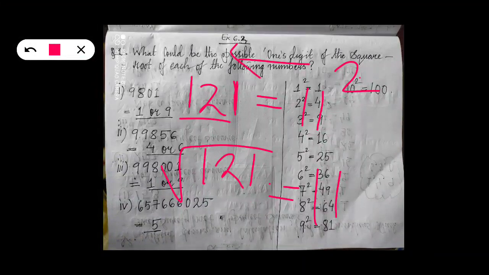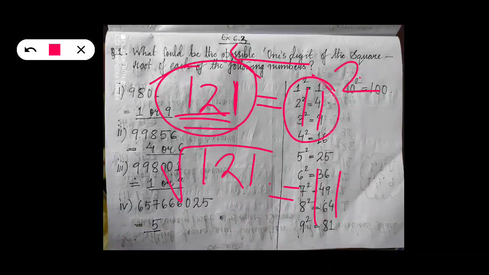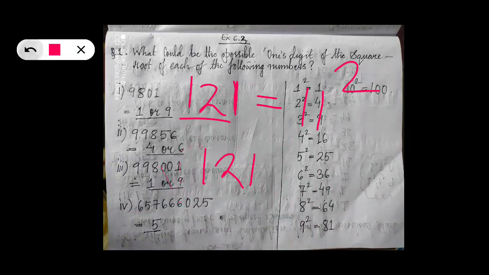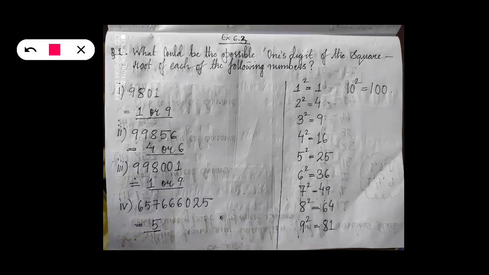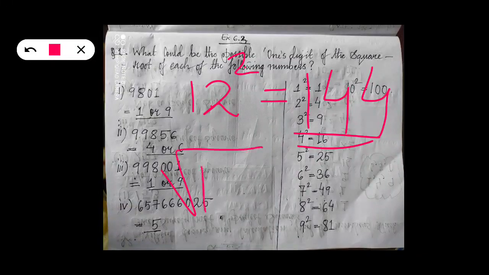The square of 11 is 121 and the square root of 121 is only 11. Okay, I'll take the other number. Like if you do 12 square, that means 12 into 12, you get 144. So the square of 12 is 144 and the square root of 144 is 12.